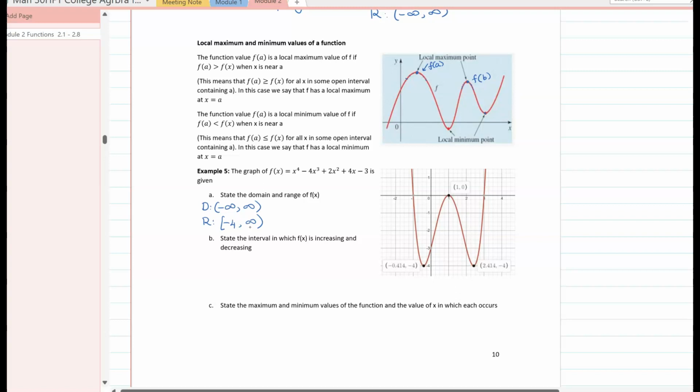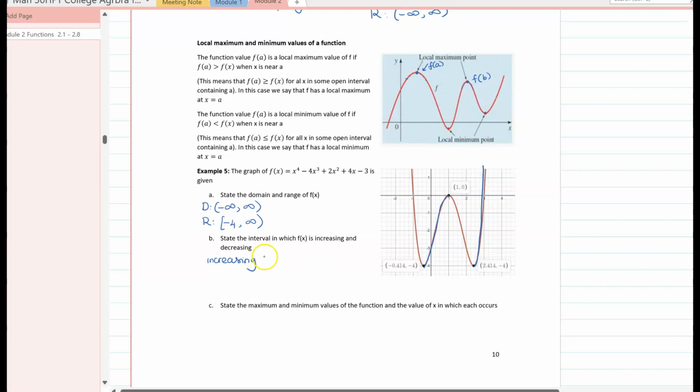State the interval in which f of x is increasing and decreasing. Well, f of x is increasing, as you can see at this point, so we're talking about this part and this part.